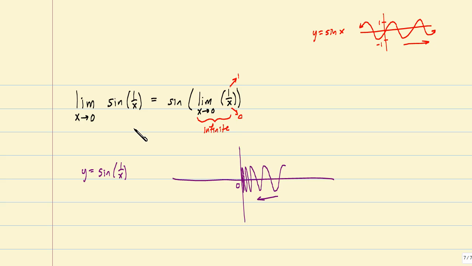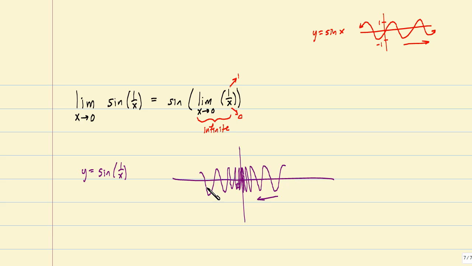In other words, we're moving farther and farther left on this graph. So the sine values we get out, again, oscillate infinitely many times as they approach this 0 from the left. Again, being forced to bunch up until they're infinitely compressed right at 0.